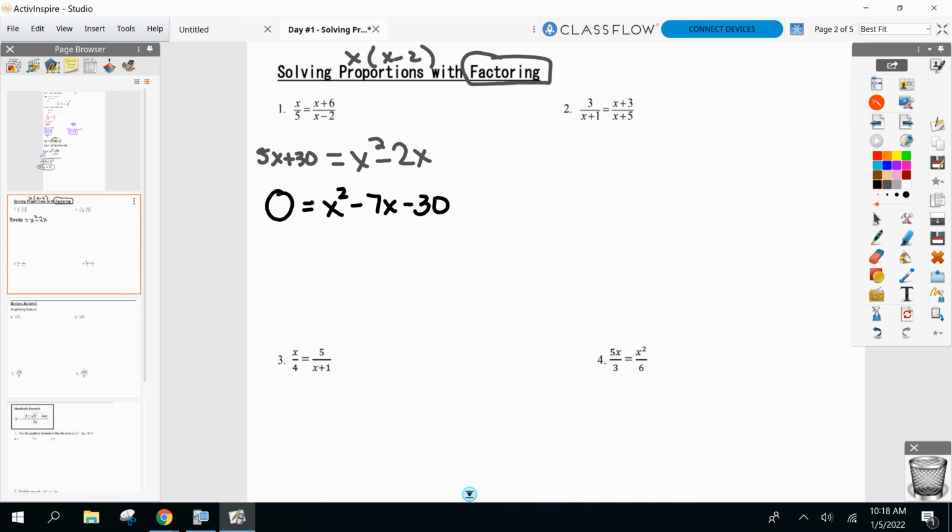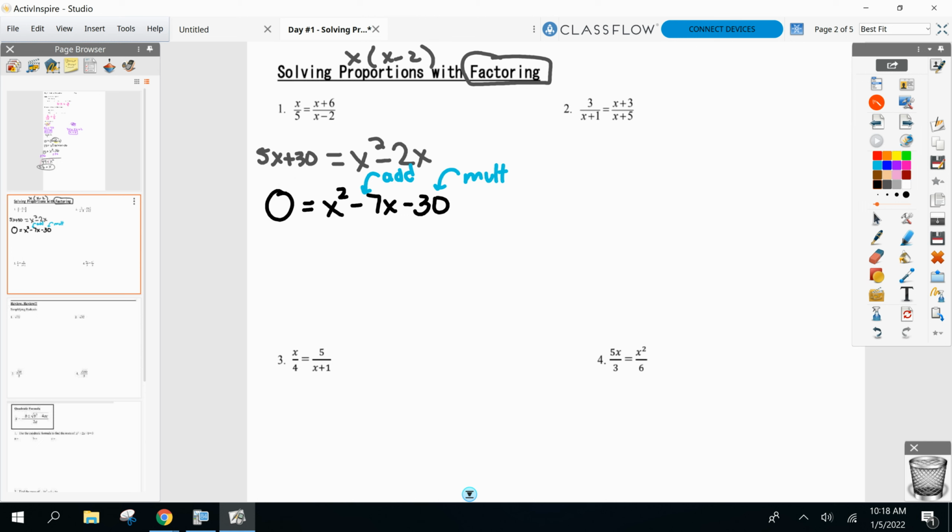Now it's time to factor. You're going to play a game right now. Two numbers that multiply to negative 30, but at the same time, the two numbers you pick also have to add to negative 7. You want to come in? I got plenty of practice for you.